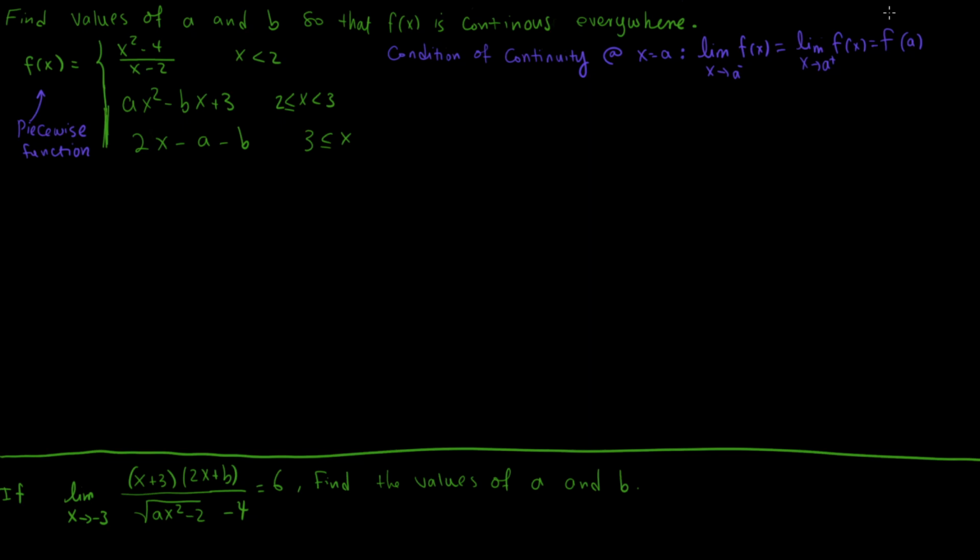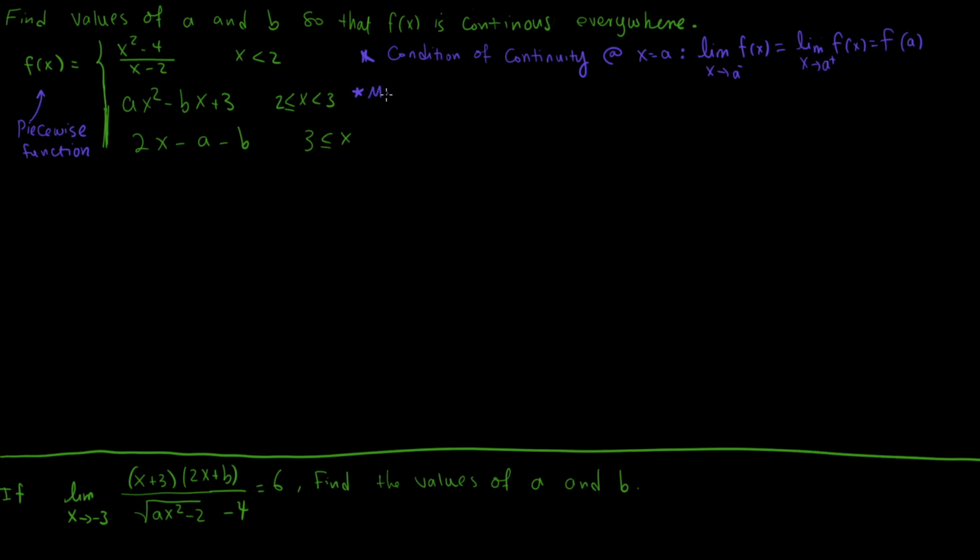However, it becomes possible when we realize a very important point, and that is most of the functions that you have dealt with as a grade 12 advanced function student are all continuous all over their domain.